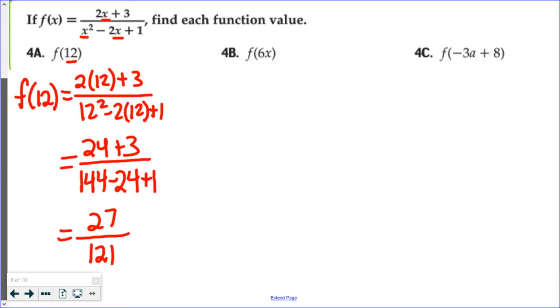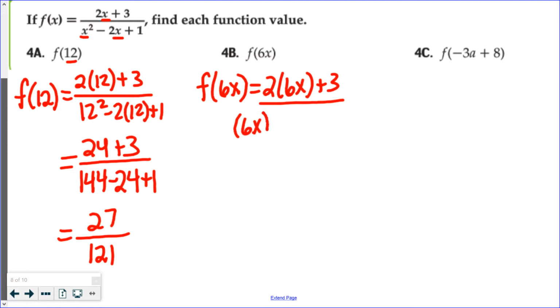All right, f of 6x, a little bit more challenging. Now every time I see x, I'm going to put in 6x instead. So I've got 2 times 6x plus 3 divided by 6x squared minus 2 times 6x plus 1.